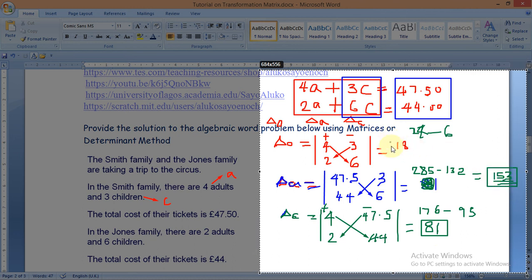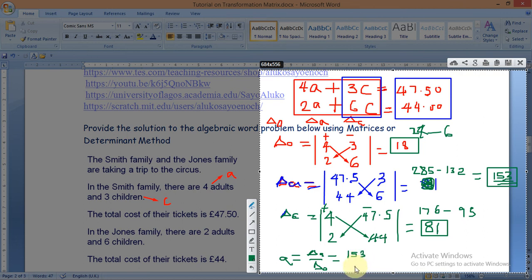So finally, what's the value of A? A is delta A divided by delta naught. Delta A is 153, and my delta naught is 18.